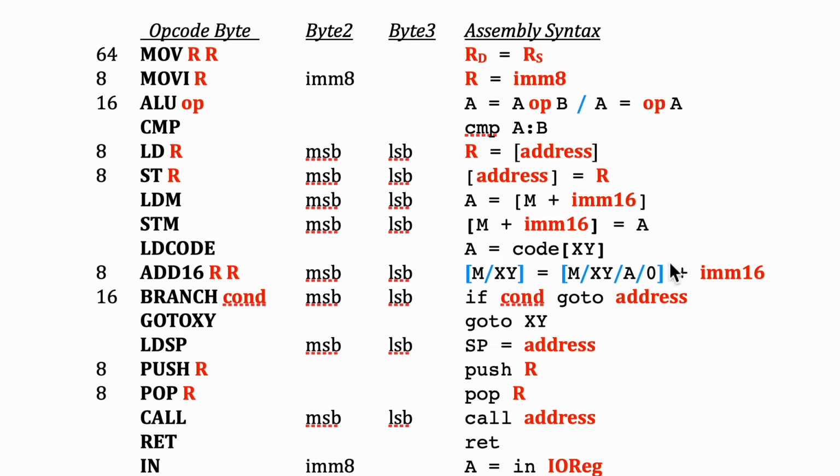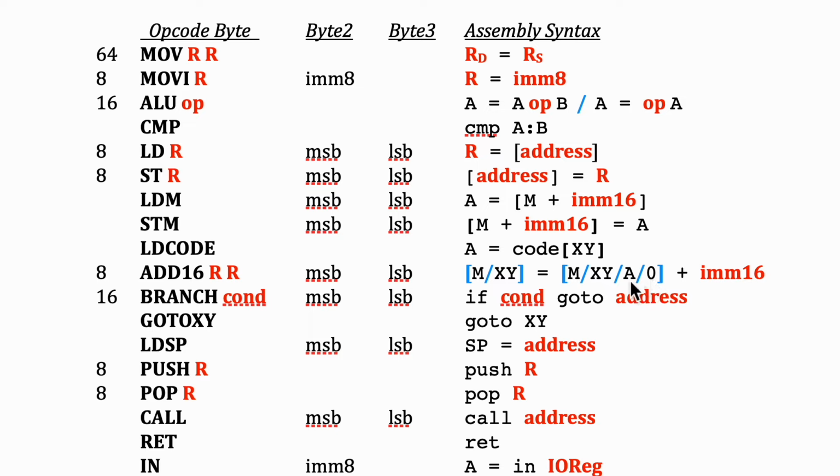But what it does is do the addition and then store the result in either the M or the XY register. So these are both 16-bit registers. And the thing that's going to be stored is computed as the result of adding this immediate value with either the previous contents of the M register or the XY register or the A register or with just 0.